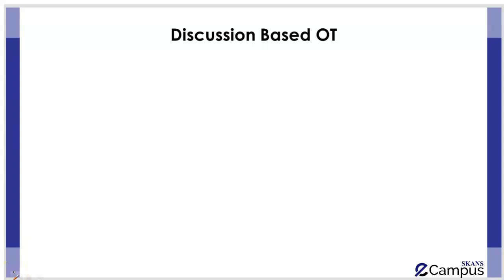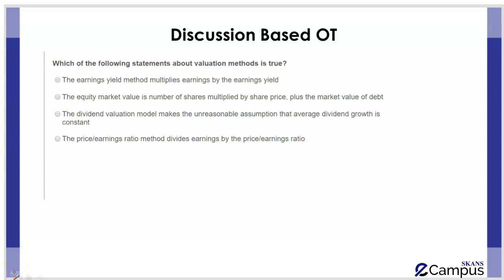Similarly, here is an example of a discussion based objective test. Of course, the first thing you need to do is read the information and the requirement very carefully. In this question, you have to identify the correct statement about the valuation methods. In a discussion based question, it is very important, especially at the practice phase, that you read all the options, and in each option you should try to identify a mistake.